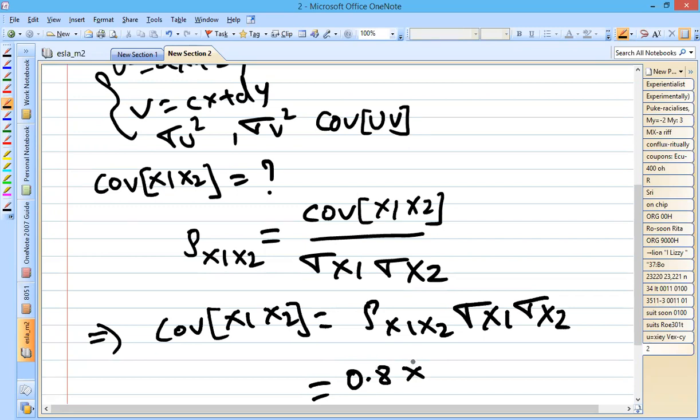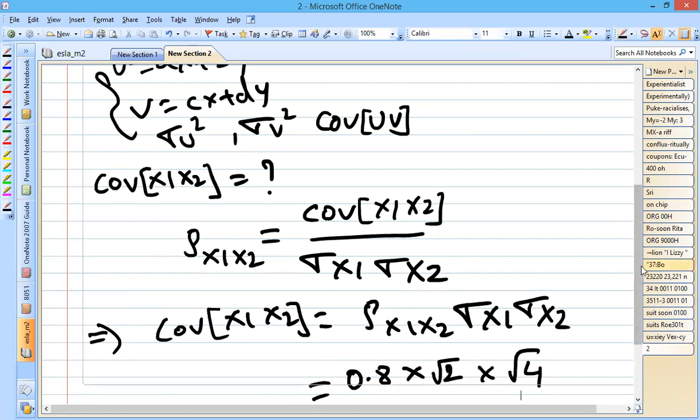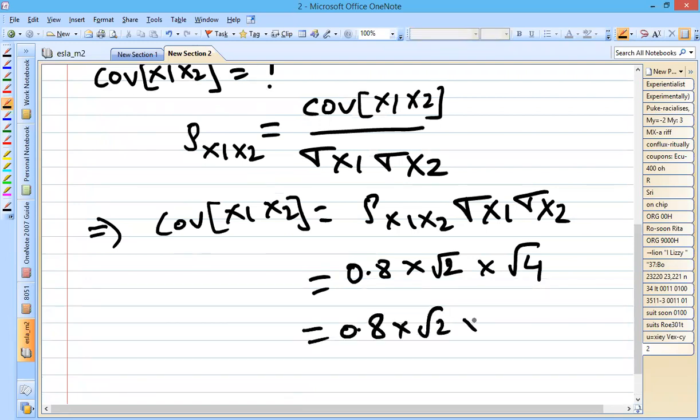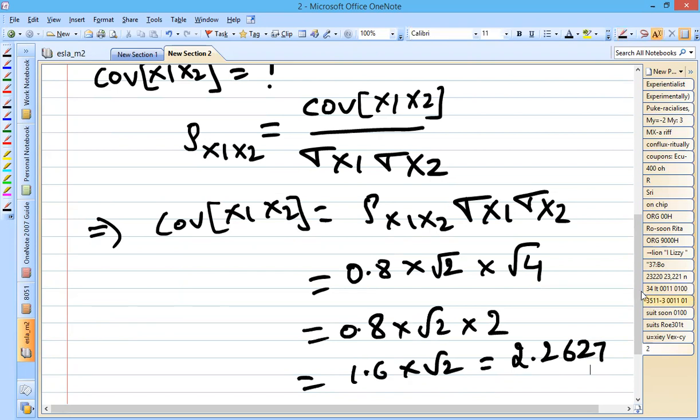We are given the variance, sigma x1 square, so take the square root of that: root 2 into root 4. If you multiply, how much do you get? 0.8 into root 2 and square root of 4 is 2, so 1.6 into root 2, approximately 2.2627. This is the covariance value.